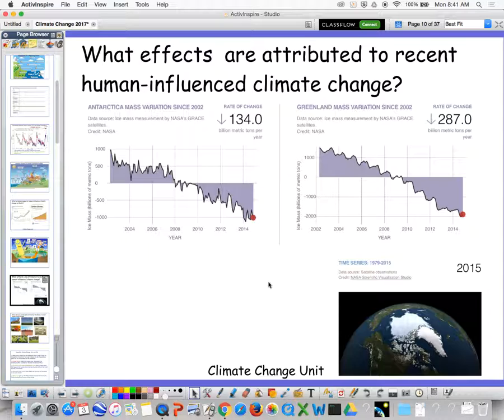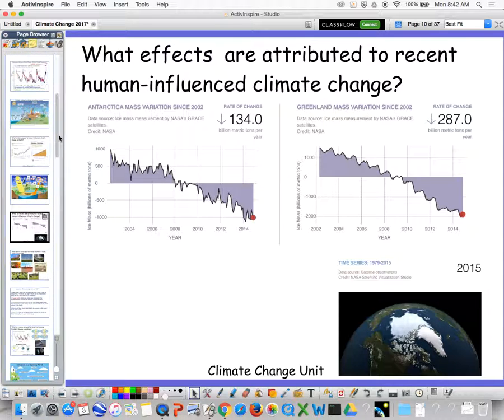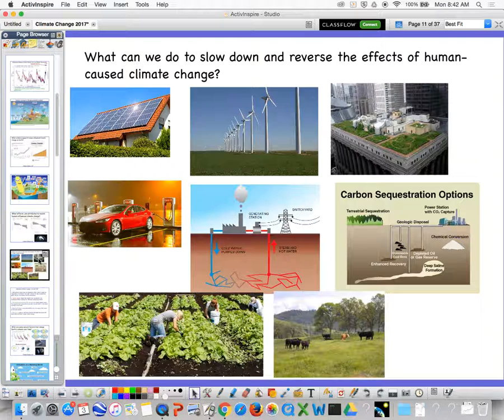Effects are things like the melting of ice caps and the melting of glaciers in Greenland, etc. And at the end of the week, we'll also get into solutions. Global warming is not an unsolvable problem. We're starting to see some of the technology being developed and used.